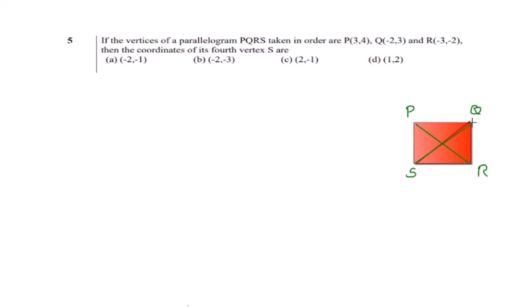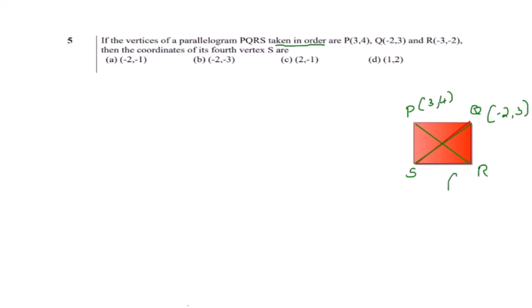If you are naming P here, the next one Q, the next coordinate must be here, and so on, that is PQRS. That's why they are given taken in order. We are given a point P (3, 4) and Q is (minus 2, 3).